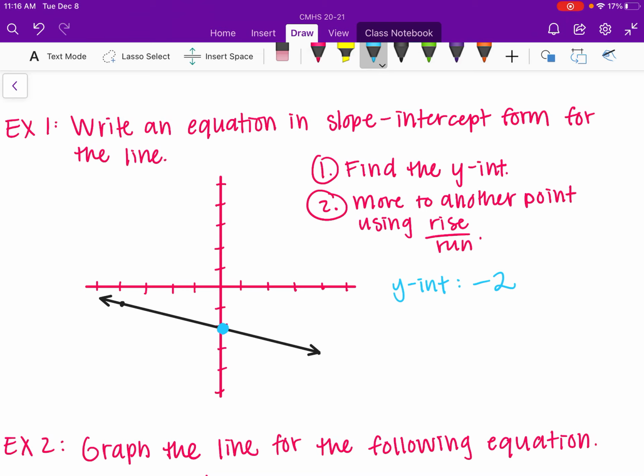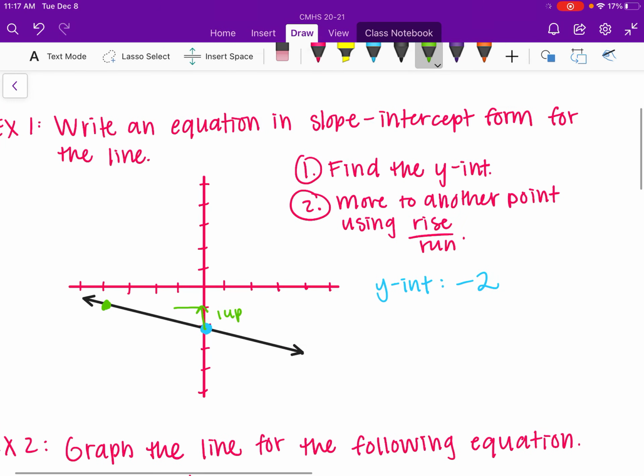That's the first step. The next step is to move to another point using rise over run. That's how we find the slope, right? So let's start at this point and go to the other point, this black and green one. How many did we move up? 1 up. And how many did we move left? 1, 2, 3, 4.